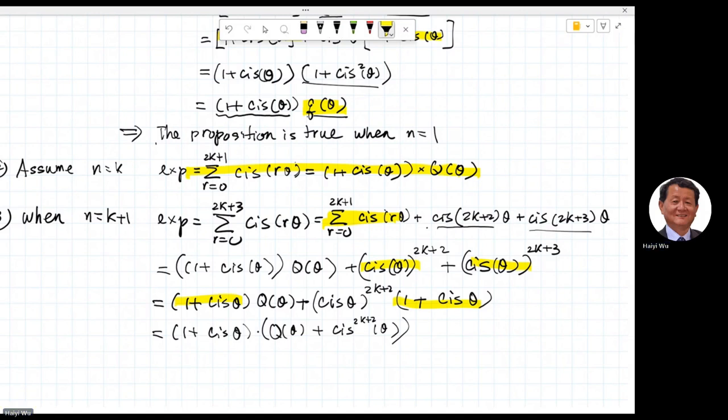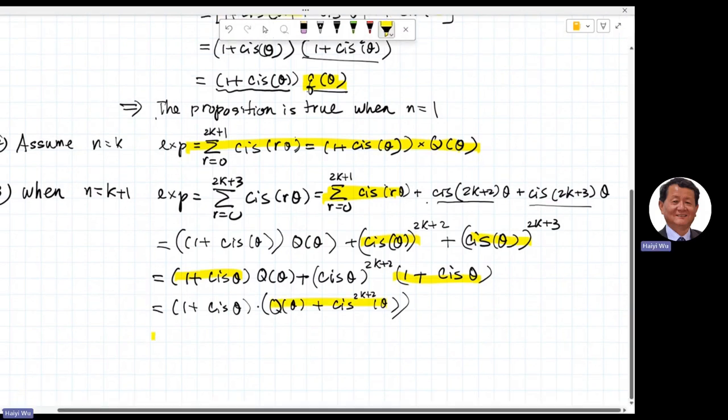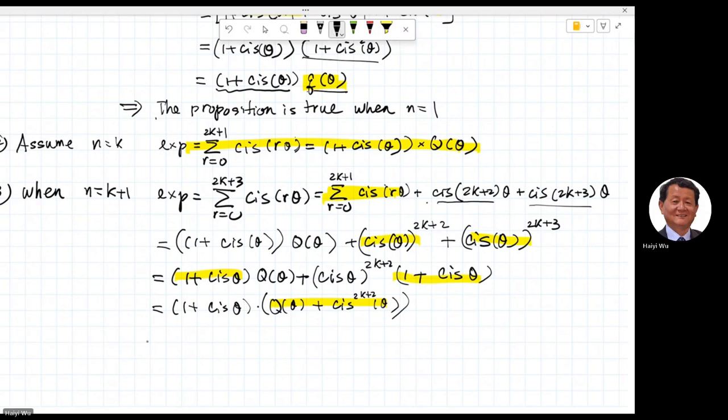This bracket I can call another function, R theta.